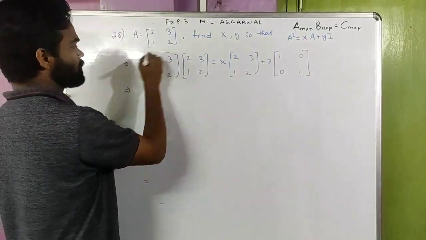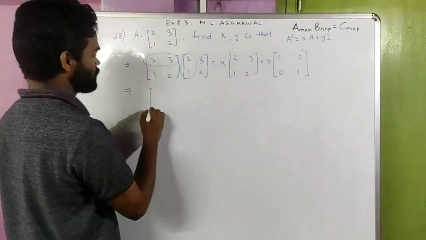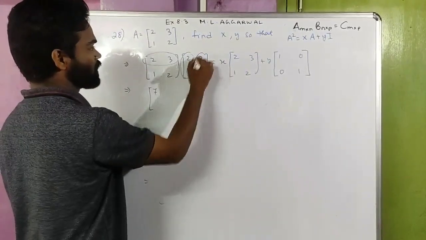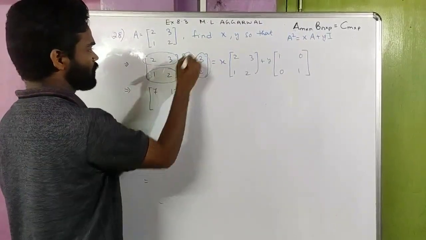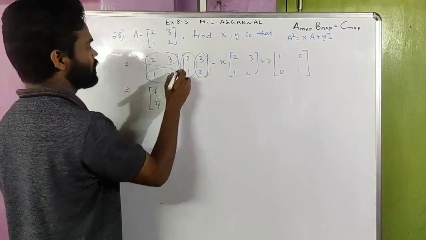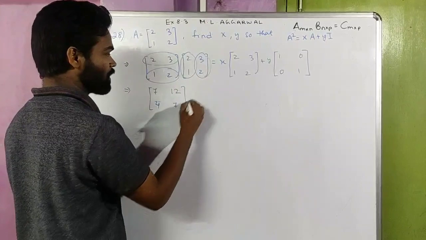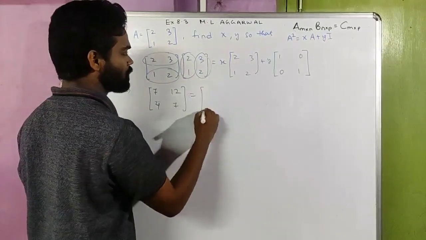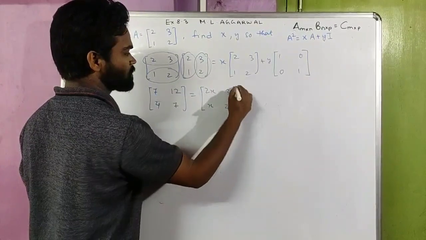Now we know how to multiply this. First row, first column, so 4 plus 3, that's 7. First row, second column, that's 6 plus 6, that's 12. Second row, first column, so that's 2 plus 2, I'll directly write 4. And the second row, second column, that's 3 plus 4, 7. Equals to x goes inside, that becomes 2x, 3x, x, 2x.